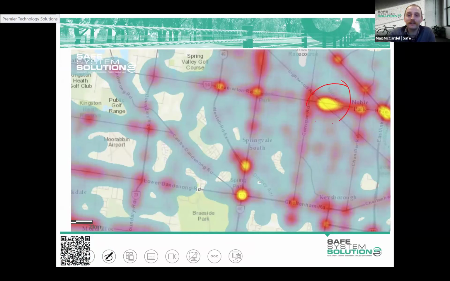Every single one of those clusters are signalized intersections. So there has been this opinion that traffic signals are the best thing to do for any unsignalized intersection because they are going to solve the issue of trauma there. They do not solve the issue.